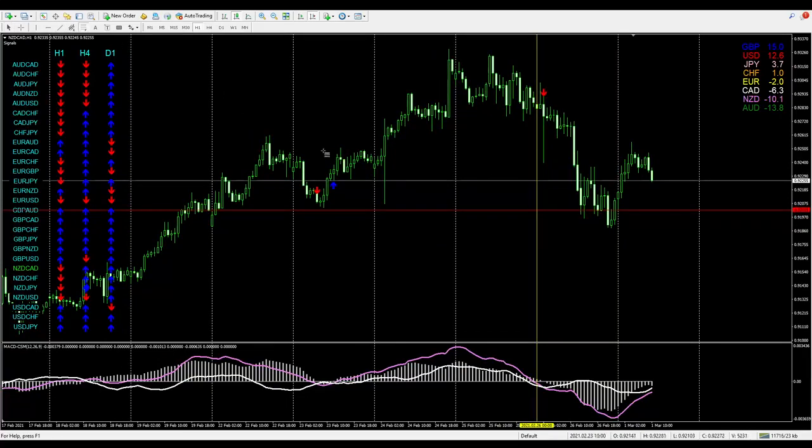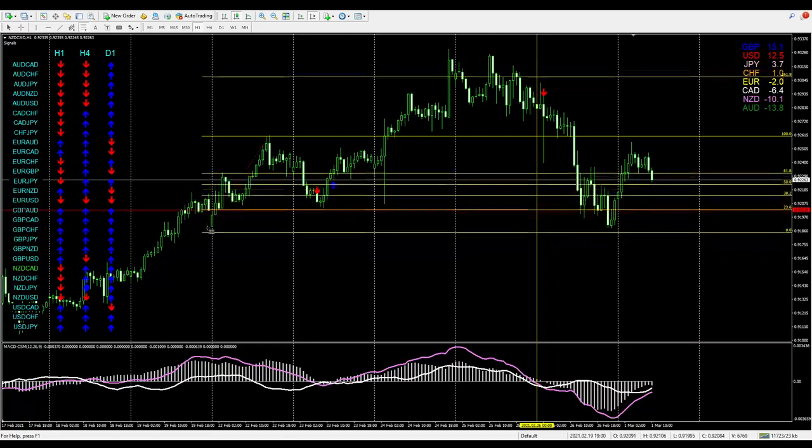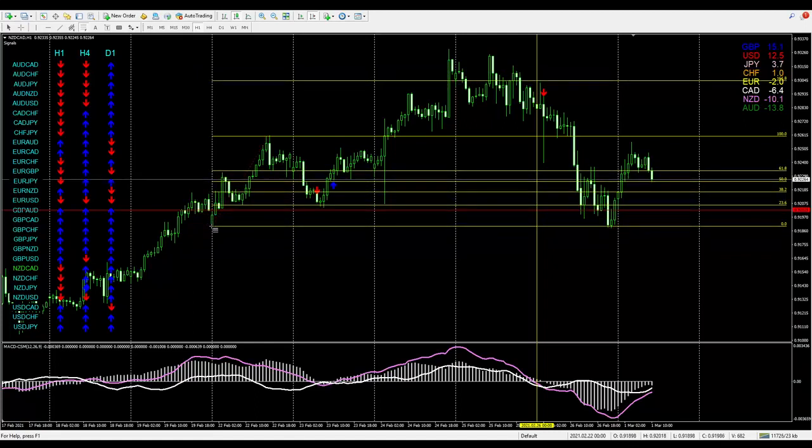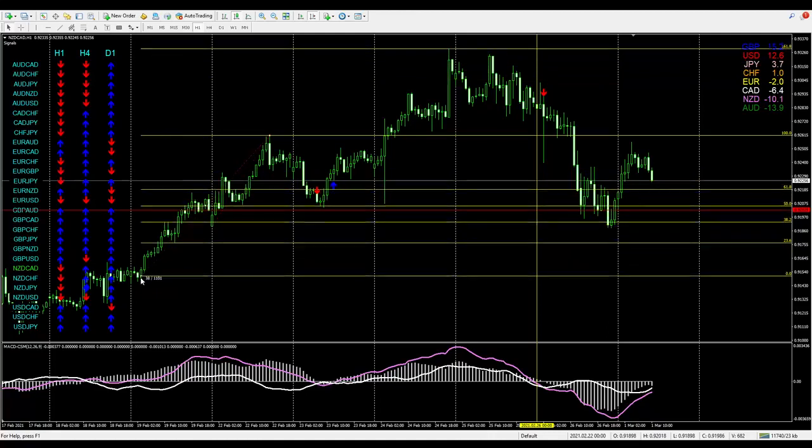It was buy for this whole week, and let's plot the Fibonacci level. If you plot our Fibonacci level for NZD CAD, it would be like this. Because this is the second day already. This was the first day, like 2 days ago.